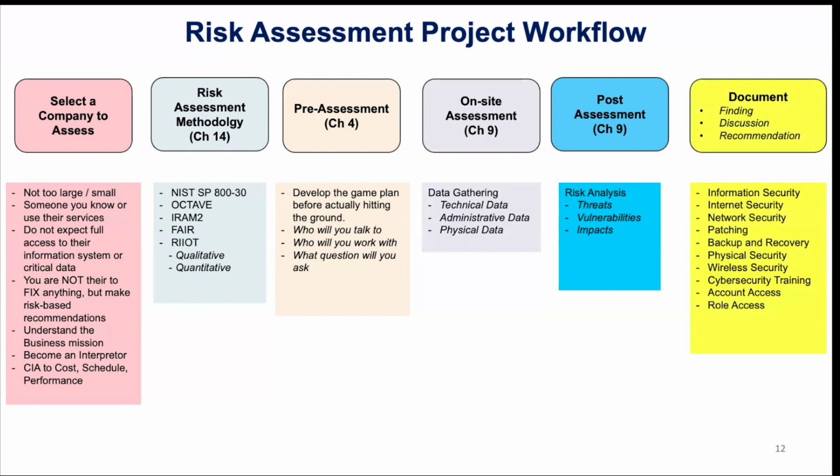Then your documentation. These two tie closely together, your post-assessment and as you document. So here's a finding: your wireless infrastructure is not secure. Then the discussion. The finding should be something very short, very succinct.